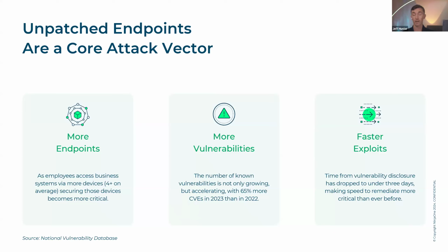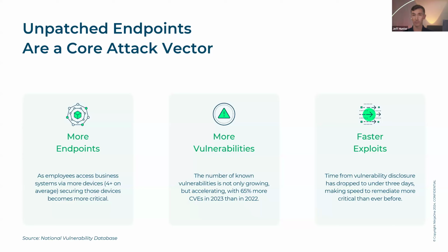Now, all these endpoints have a compounding factor with the fact that there are also more vulnerabilities than there have ever been before as well. The number of CVEs year over year from 2022 into 2023 went up 65%. And I will say that I don't think anybody really expects that to go down.